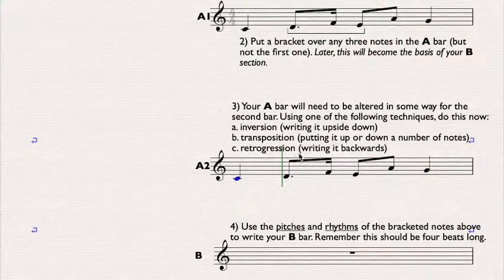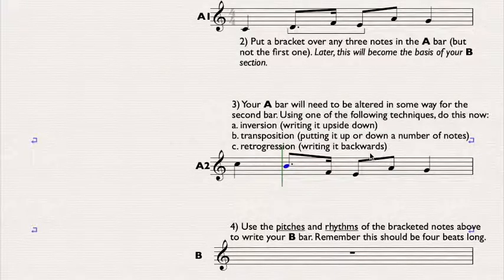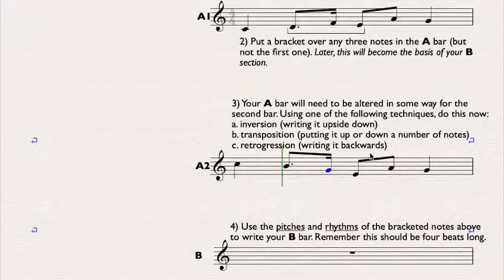First of all, let's do it upside down. So if I put this one up an octave, in A1 we went up 1 note, so at this point we'll go down 1 note. Then it went up 3 notes, so we'll come down 2. Then it went down 1 note, so we'll go up 1.